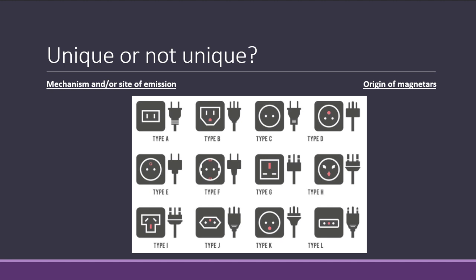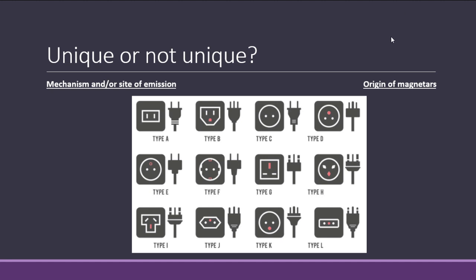And definitely it's not necessary that all sources might be explained by a single evolutionary channel and a single emission mechanism. They can be different, like the plugs we use in different countries, and when you travel, sometimes it's good to have a different plug with you, otherwise you cannot plug in your laptop at the hotel.